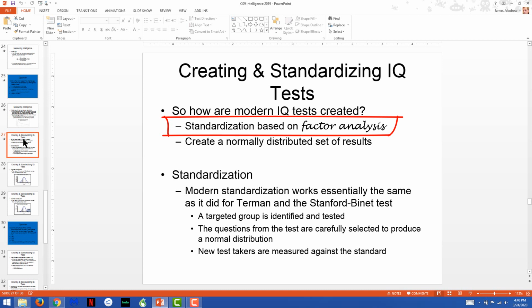And those things are assessed against other aspects of the intelligence test itself. And so when you create the IQ test, you're always relying on these factor analysis tests themselves. Secondly, there is a need to focus on creating a normally distributed set of results.